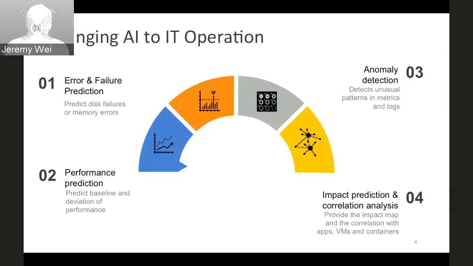And we also detect and predict anomalies, and predict what kind of impact there will be on your applications if any event occurs in the future. For example, how much performance will be lost if any disk or memory error occurs. We can provide more foresight for end users, so users can get a clear picture and plan ahead.